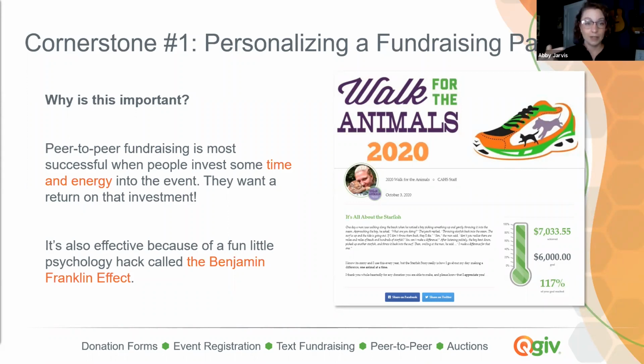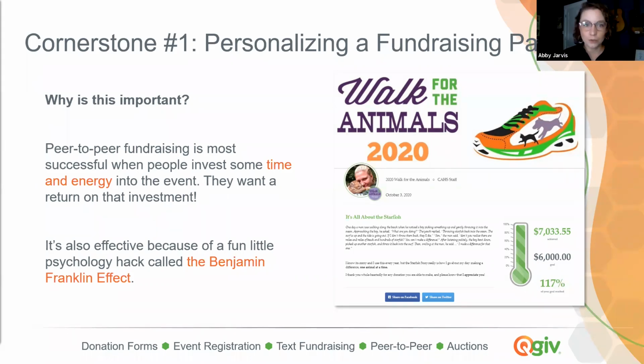The reason for that is cognitive dissonance. Our brains say, oh, wow, I just did a favor for Kay. I must really like that person. And it's the same with your participants. If your participants do you the favor of putting together a fundraising page, their brain tells them, oh, wow, I must really like this organization because otherwise I wouldn't have spent all of that time and effort building a fundraising page for them.